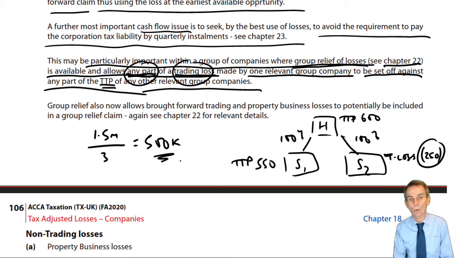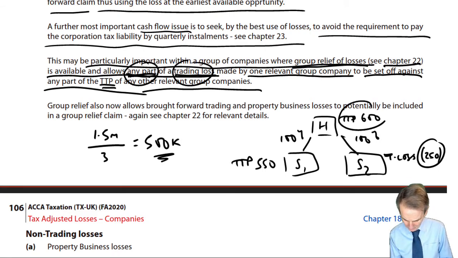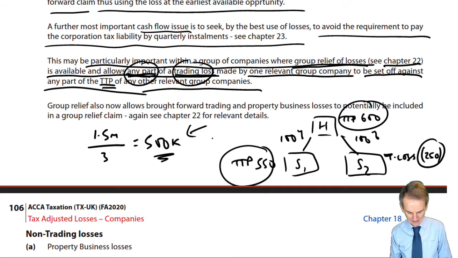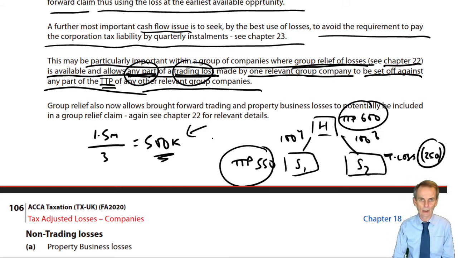Of course, that's why I chose the figures of profit that I have, because the holding company has a profit of 600, that exceeds 500, and therefore is large. The subsidiary 1 has 550,000, again in excess of 500, it is large.